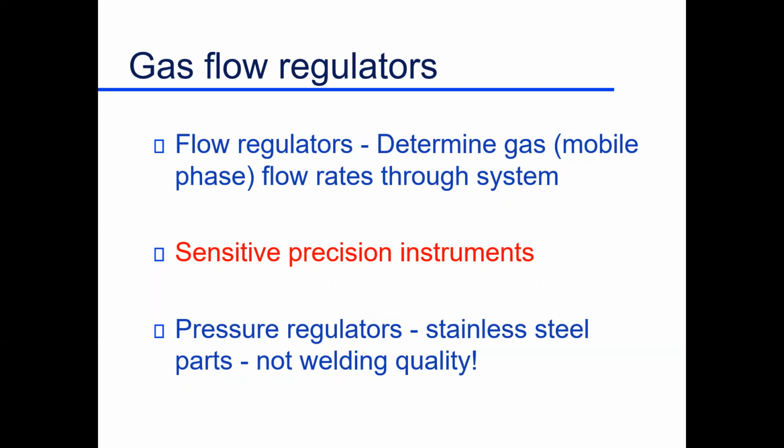So when you get a regulator, you make sure that it is stainless steel and it's approved for this purpose. These are sensitive instruments, these regulators too. There's a number of flows you have to control, and these are handled with kid gloves in terms of how you turn them, the tightness, and so on. So you do treat them as precision instruments.